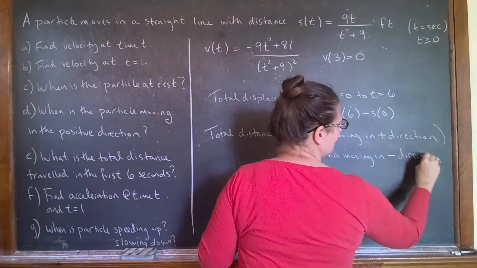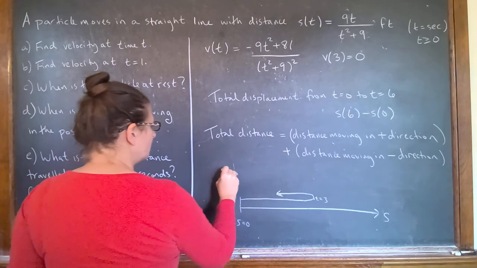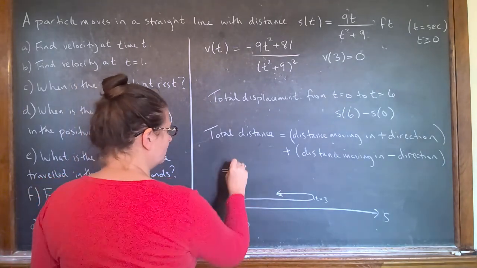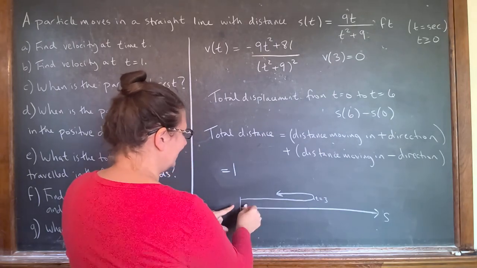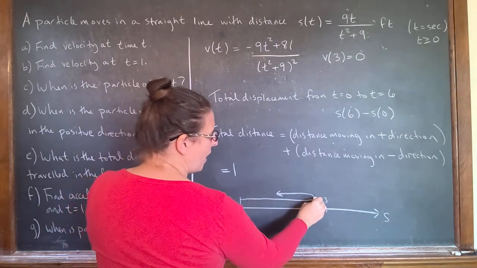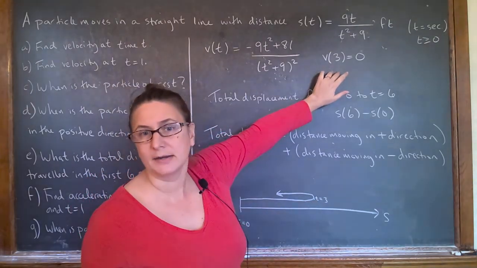And that's going to give me my total distance traveled. If you write that out, the total distance moving in the positive direction is how far I moved between 0 and 3.